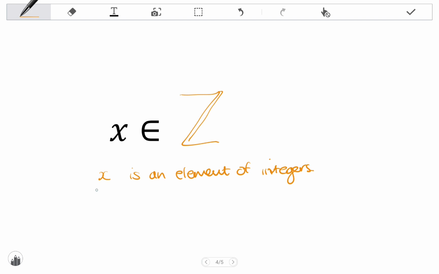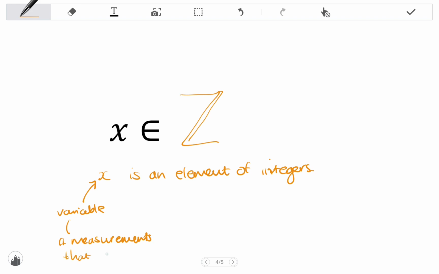What this means is that the numbers that you are dealing with can only be an integer, okay? So, remember that X represents a variable. Now, what is a variable other than a letter in maths? It's a measurement that can vary, okay? So, what measurements in real life can vary?